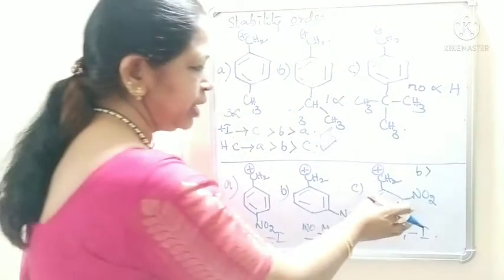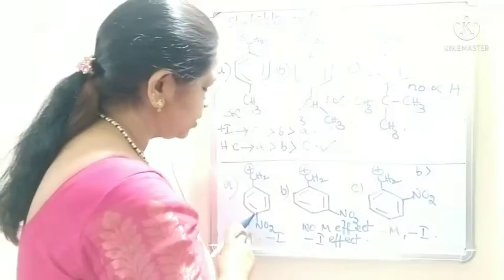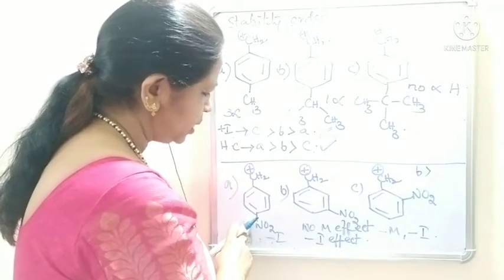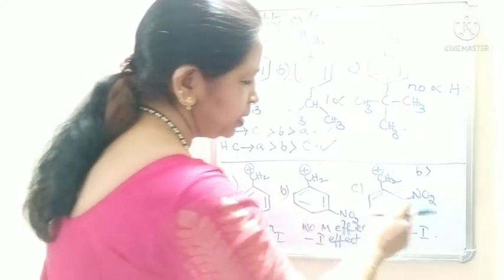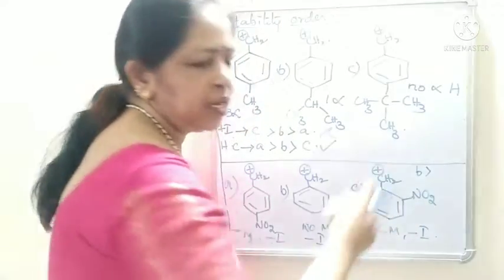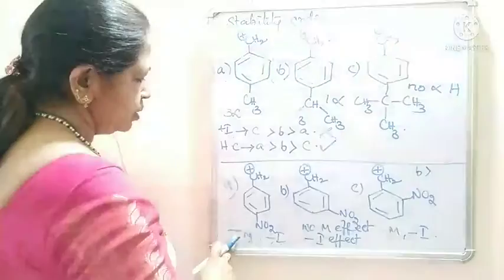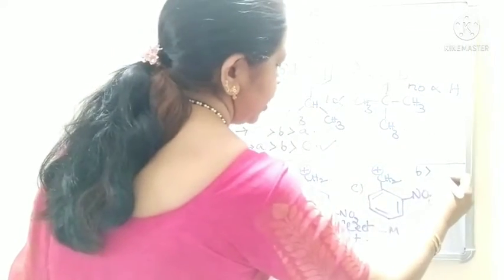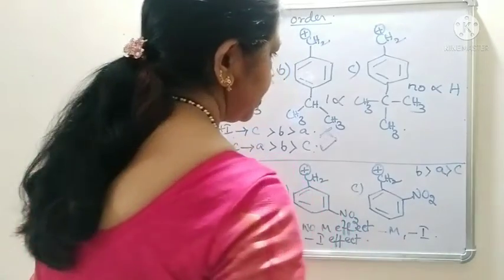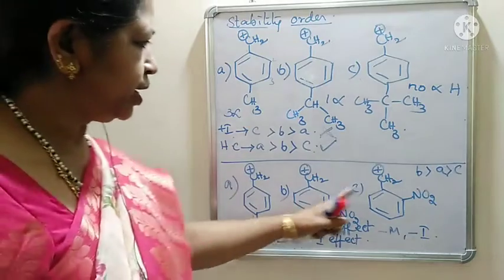The minus I effect caused by the NO2 group when far is less compared to the minus I effect caused by the nitro group on the ortho position. So the order of stability of these three is B greater than A greater than C.